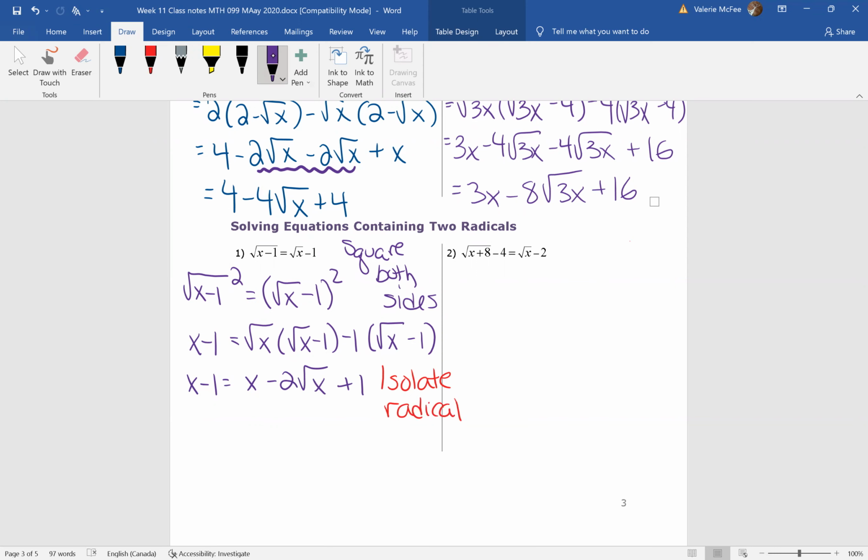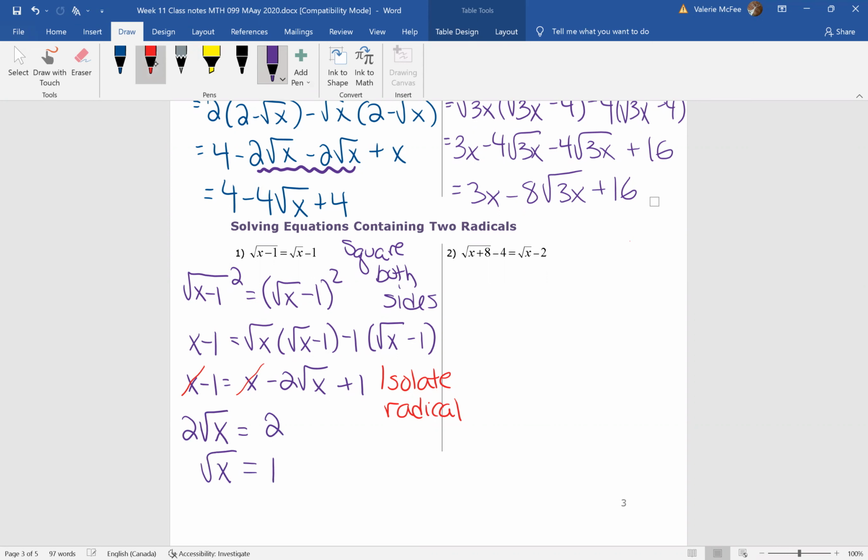We can simplify this, subtract x from both sides. I'm going to add 2 root x to both sides. Add 1 to both sides. Now we can divide each side by 2.